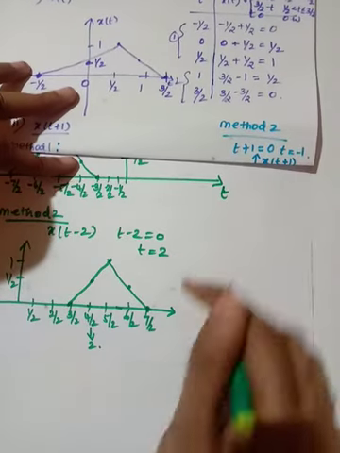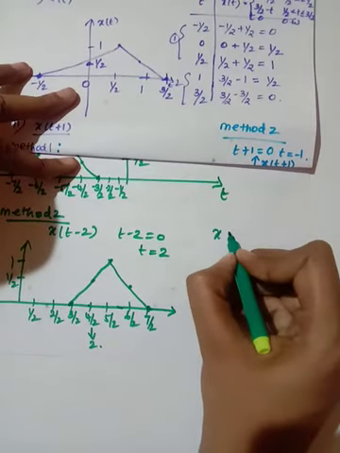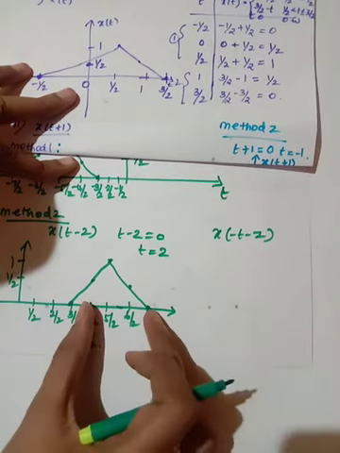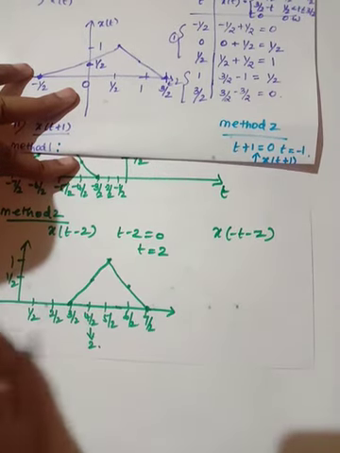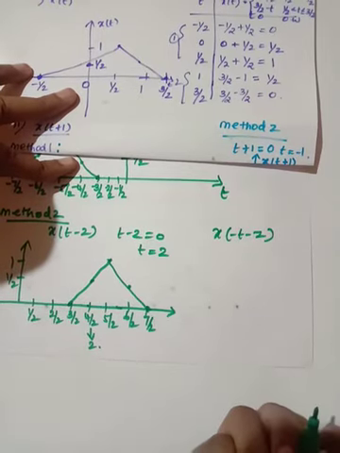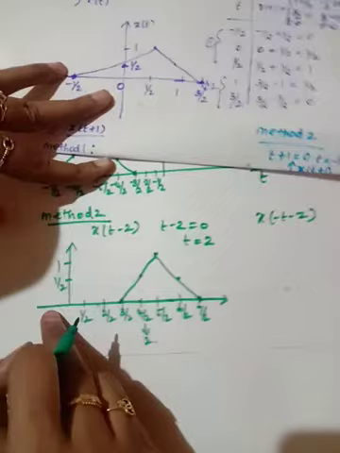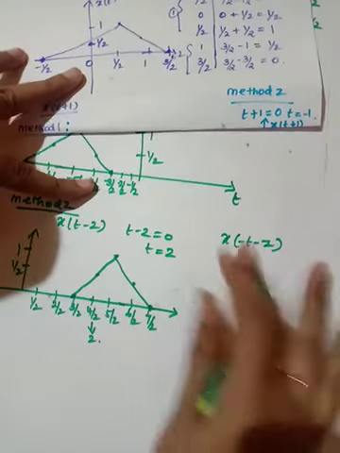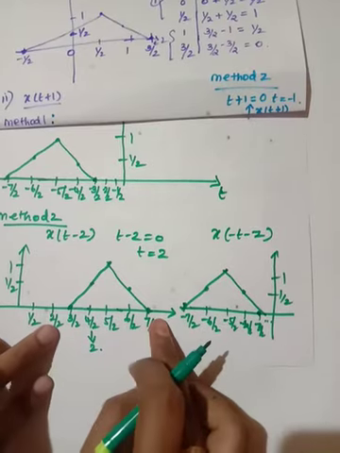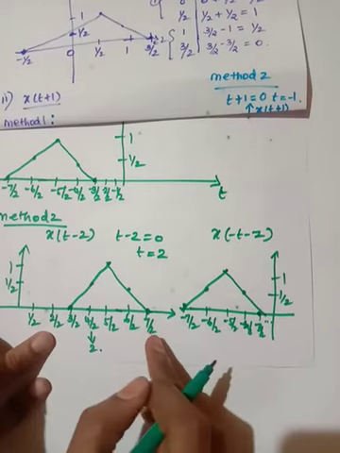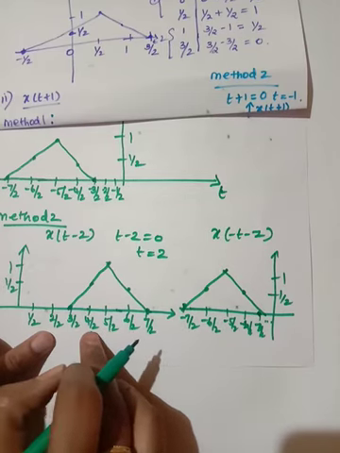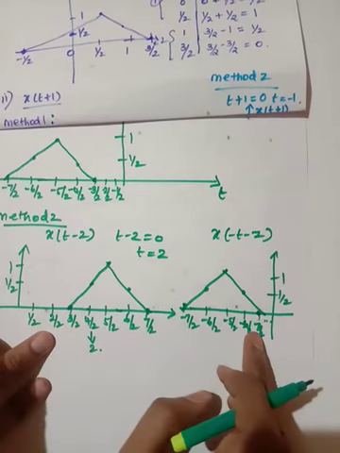Next I am going to perform time reversal for this, to get minus t minus 2. This whole term will come to the negative side, and the negative side will come to the positive side. Here there is no value on the negative side, so I am going to draw this. So this should get reversed to the negative side: minus 7 by 2, minus 6 by 2, minus 5 by 2, minus 4 by 2, minus 3 by 2. So I have drawn the scale.